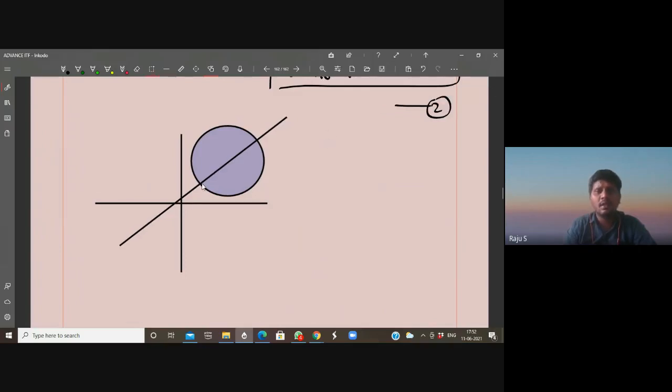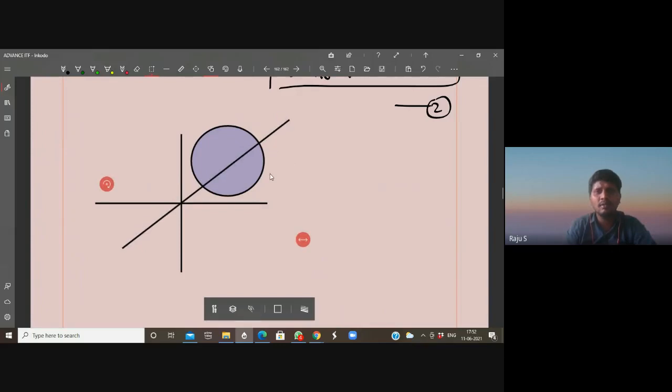Since the circle may lie in the first quadrant or else the third quadrant. Am I right? The center of the circle must lie on the line y is equal to x.